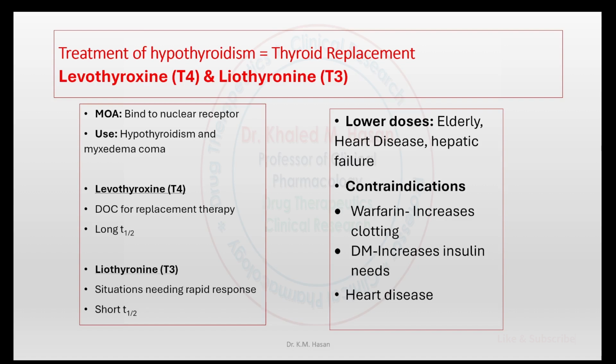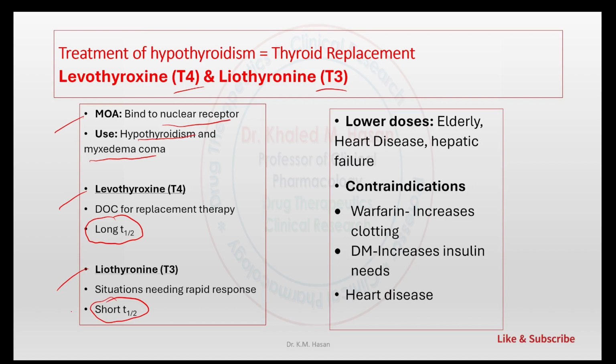Okay, someone may ask how levothyroxine, T3 and T4 work. T3 and T4 bind to the nuclear receptor. We already covered that. This medication is used for hypothyroidism or patients with myxedema coma. Levothyroxine, as we discussed, has a longer half-life. Liothyronine has a short half-life.